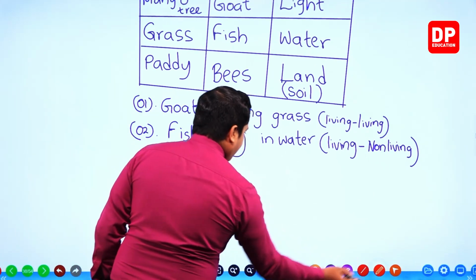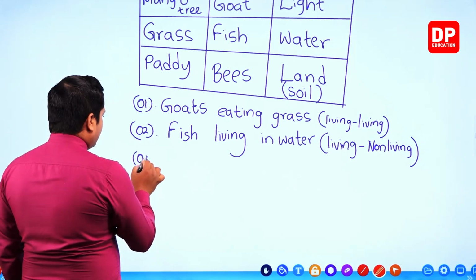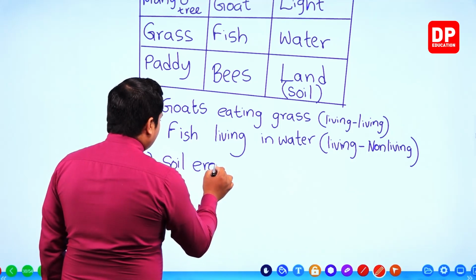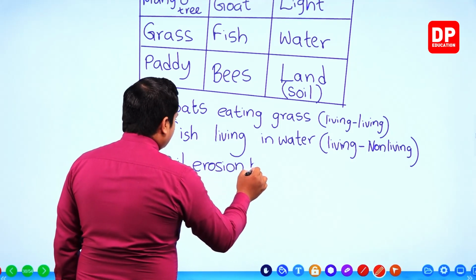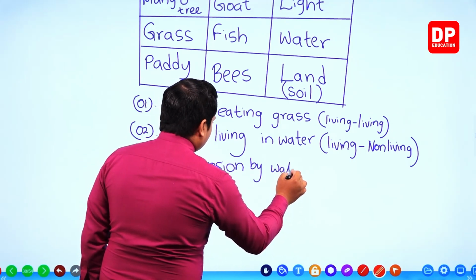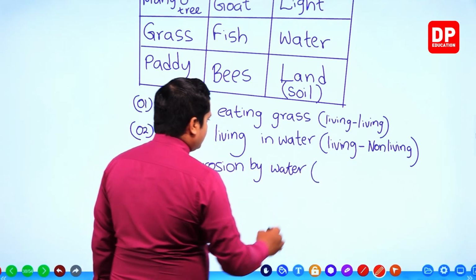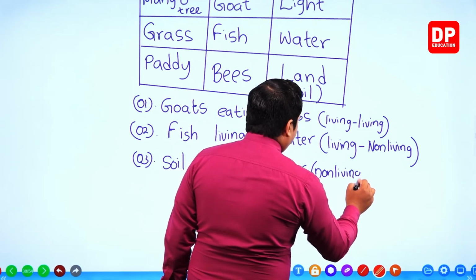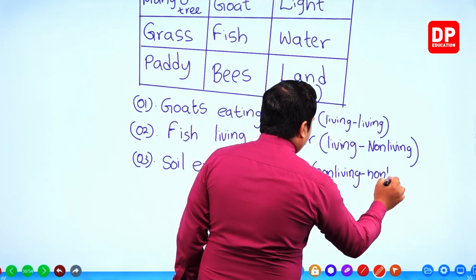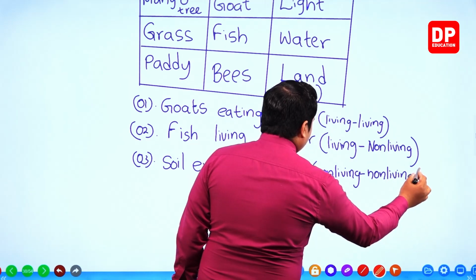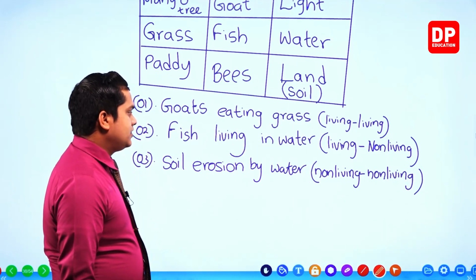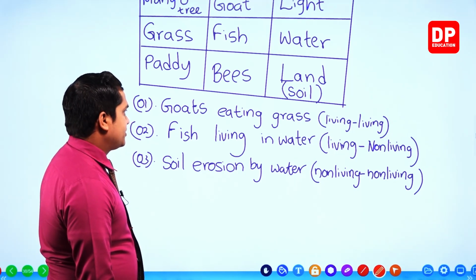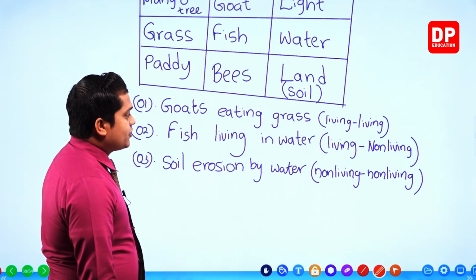Number 3. Right? Non-living, soil erosion by water. Non-living feature, my dear children, or else non-living interaction.